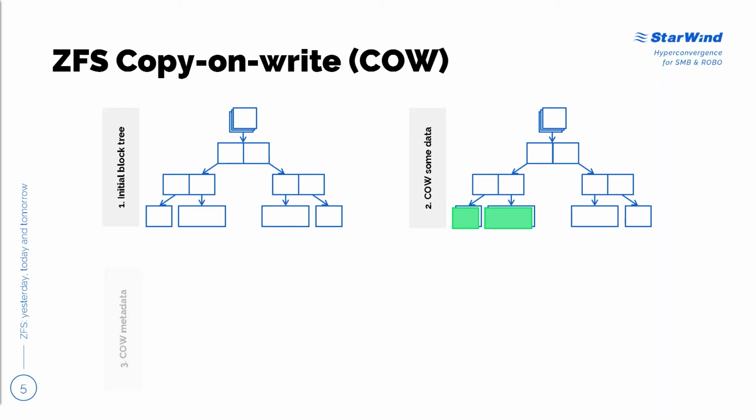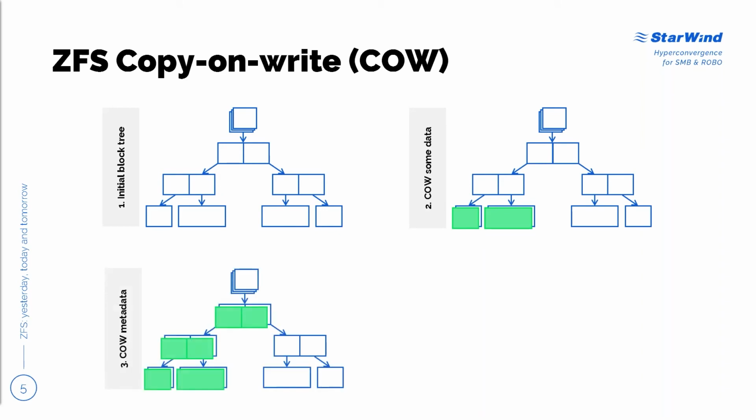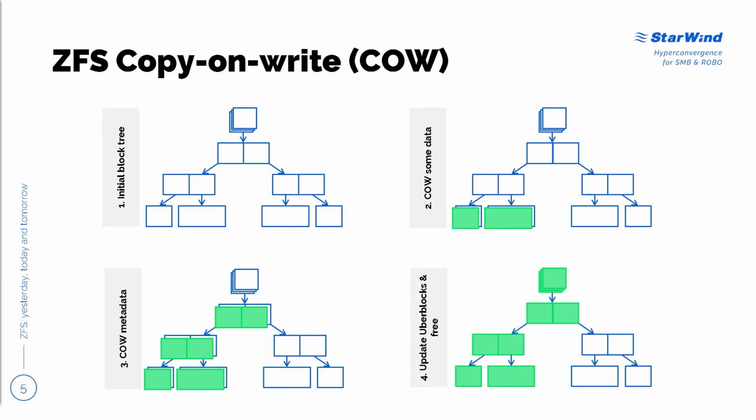Then the pointers are updated to look at the new block location rather than the old. And finally, only once the uberblock is updated to point to the new data, the old data is deleted to free up the storage space. Thanks to the copy-on-write mechanism, there is no need for a journal, and therefore double writes are avoided. But most importantly, we're not afraid of corrupting data during a power outage, for example.